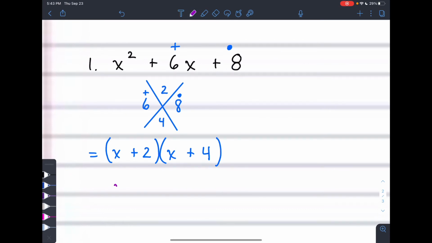So x times x is x squared. X times 4 is 4x. 2 times x is 2x. 2 times 4 is 8. Okay, 4x plus 2x will then become 6x. And notice that we ended up with our original problem, so that means we factored correctly.